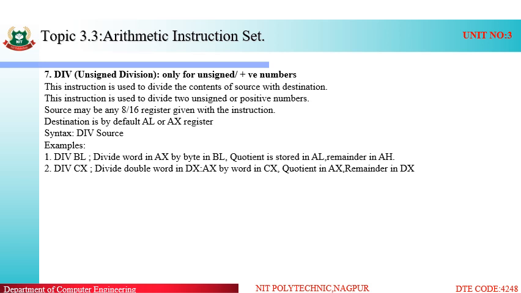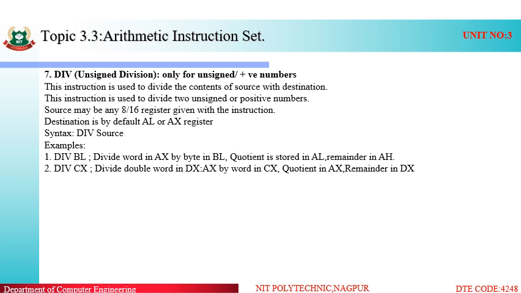Source may be any 8/16-bit register, and the destination is by default AL or AX. So if you understand the functioning of multiplication, the same functioning is used for division. We have to specify only the source. Destination is by default the AL or AX register.